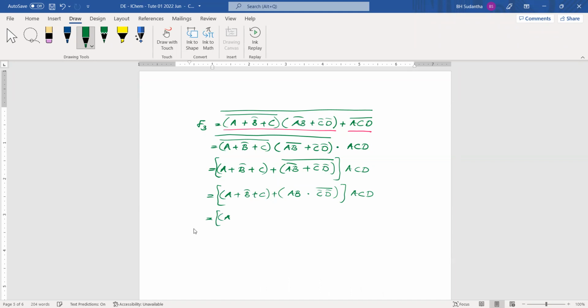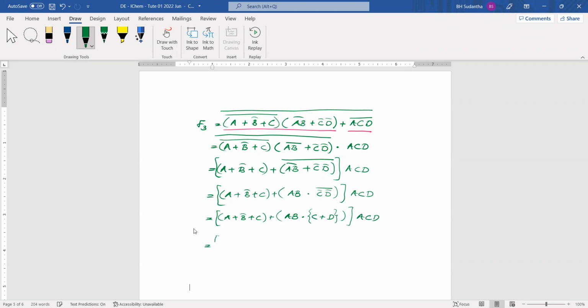Still we have to keep this one inside until we find a solution for this part. This is AB. We can apply De Morgan's theorem here. It will be C plus D. So, ACD.